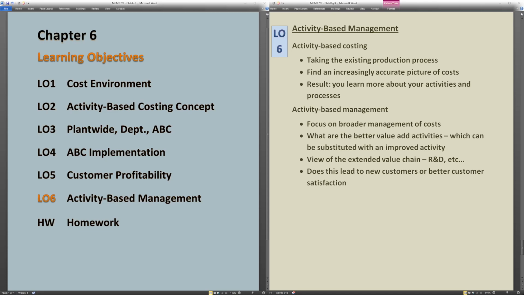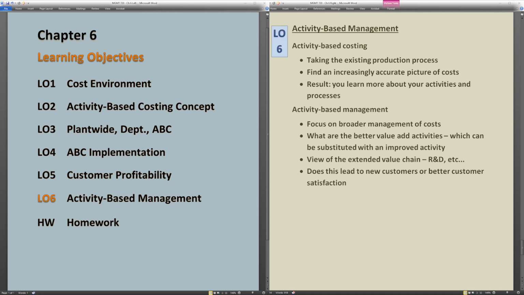And you may choose to disregard some lines just because there's no way to improve them. You could also figure out that you could extend some other products and address new customer areas. So activity-based management, I guess I should say, activity-based costing is taking the existing process and just figuring out what's the most accurate, cost-effective picture.